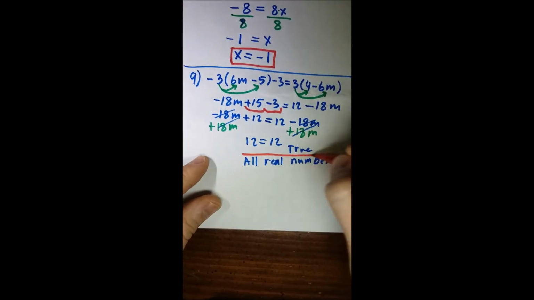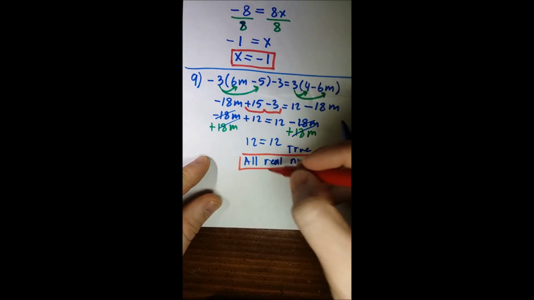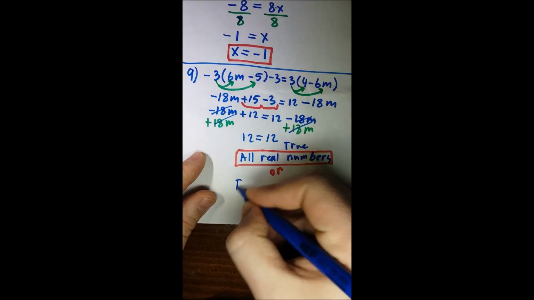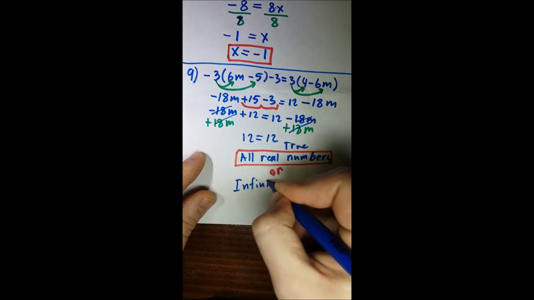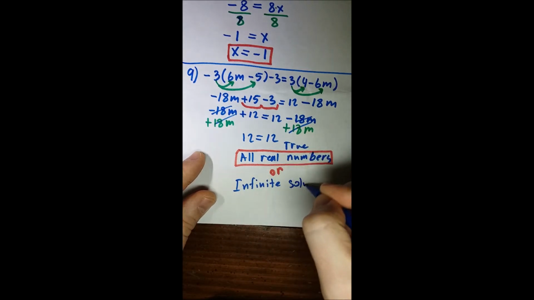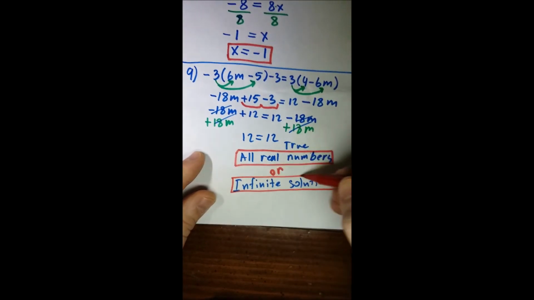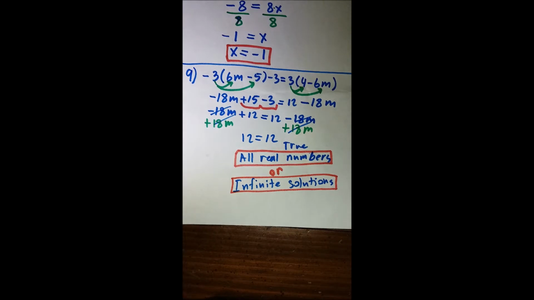Or infinite solutions. There's not a single number that will make it only one number, make it true. There's infinitely many numbers that will make this true. So infinitely many solutions.